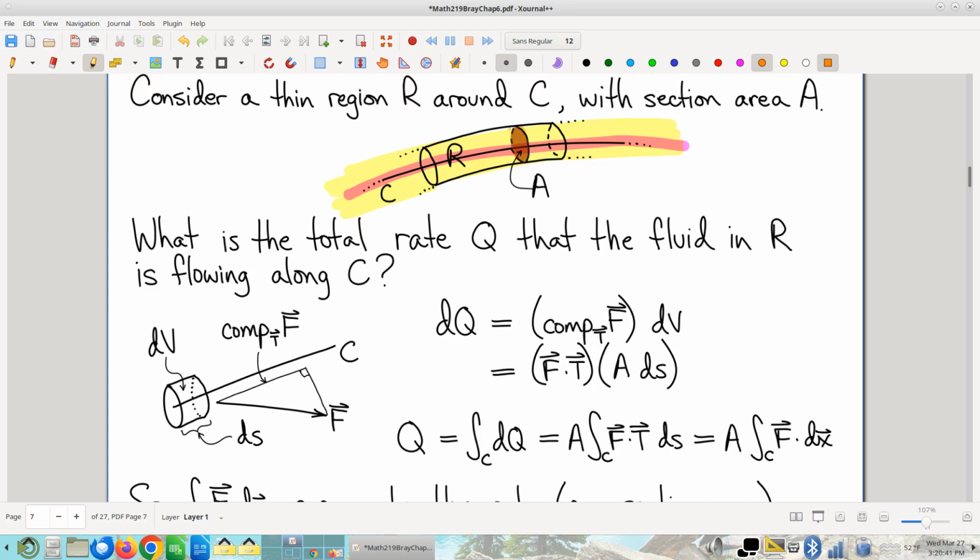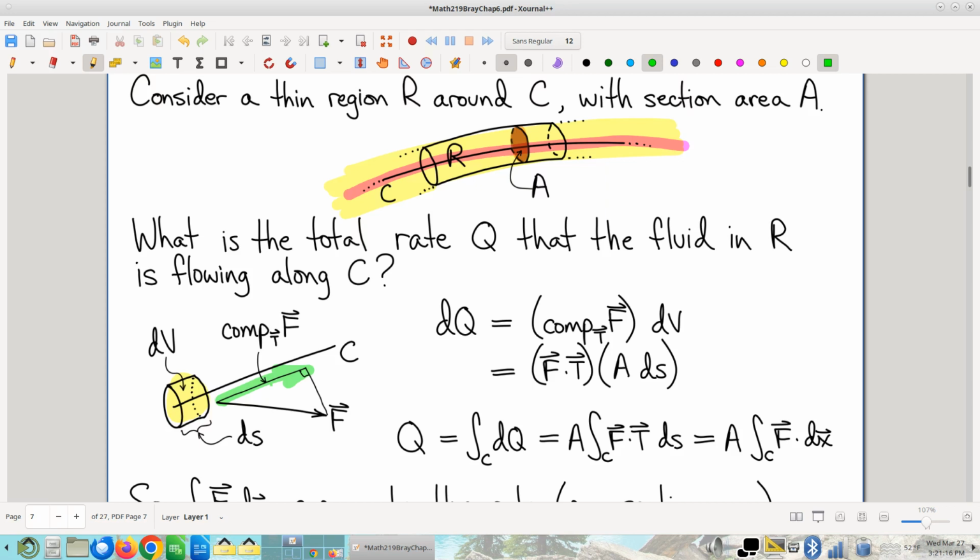And looking at all of the fluid inside of that yellow region, with each little piece of that fluid moving according to whatever the flow is, whatever the vector field says that fluid is doing, as it flows along. Like so. To some extent, each little piece of fluid will be flowing along the curve. We ignore the part that's not along the curve.